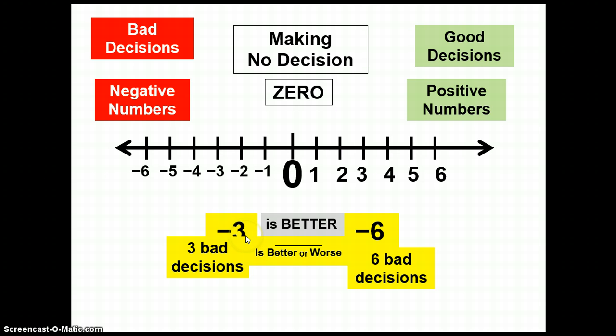I mean, it's still bad, but 3 bad decisions versus 6 bad decisions might be a little bit better. Give you an example. I used to have a lot of students who would break rules a lot, just kind of messing around in class. But I would still take the student who only broke 3 rules than the student who maybe broke 6 rules. It's still a little bit better.